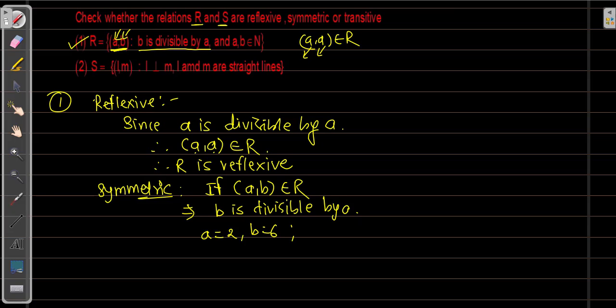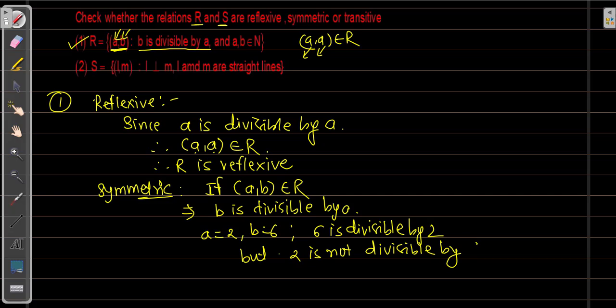Then of course 6 is divisible by 2, but 2 is not divisible by 6.